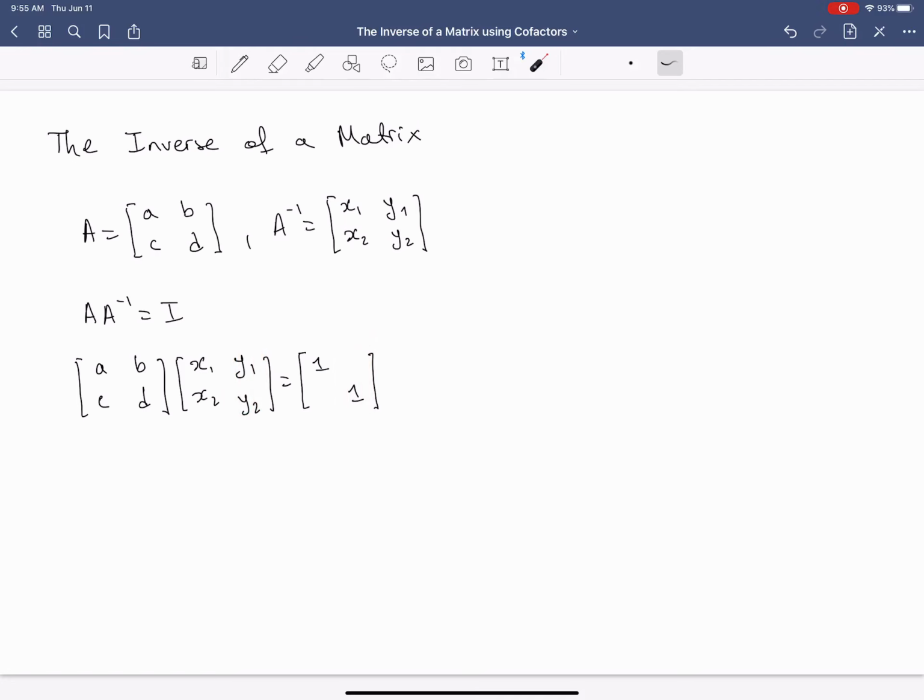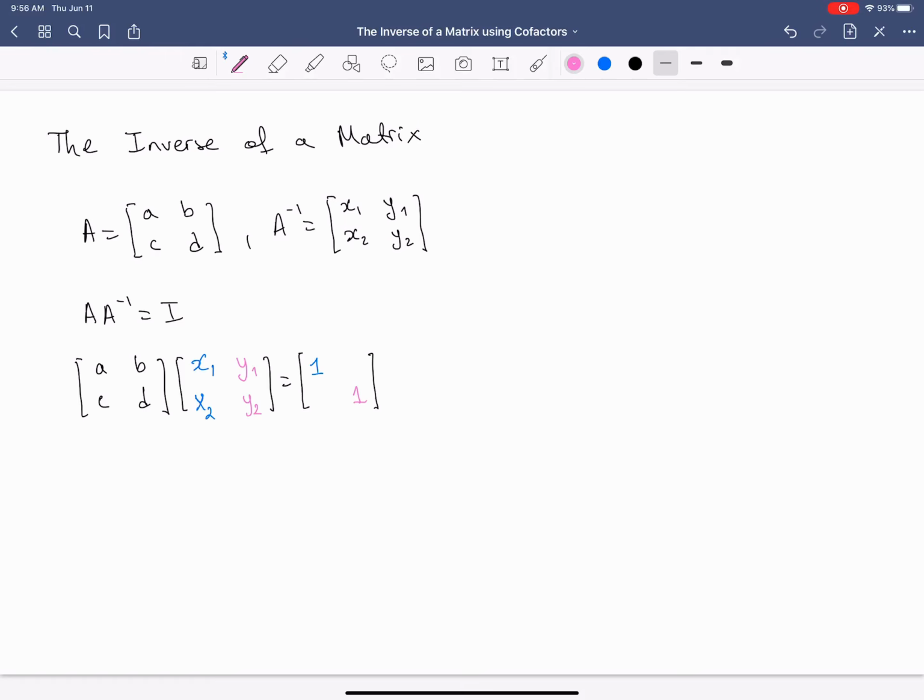So, in fact, maybe I should do something else here. Bear with me. I'll use a different color so we can visualize easier. x1, x2 corresponds to 1, 0 there, and y1, y2 corresponds to 0, 1 here. So you have two systems of the form Ax equals b, where b changes.